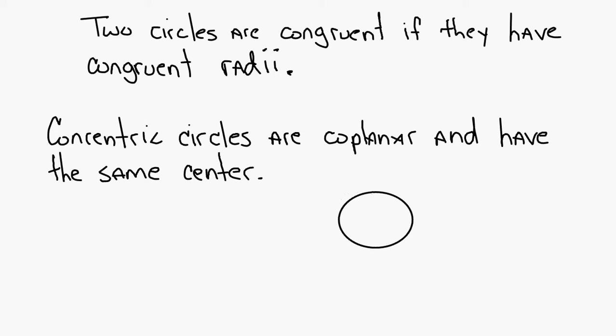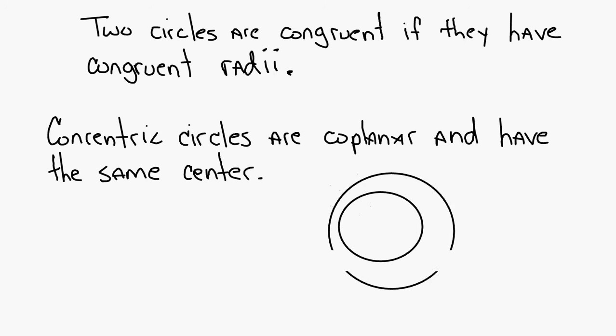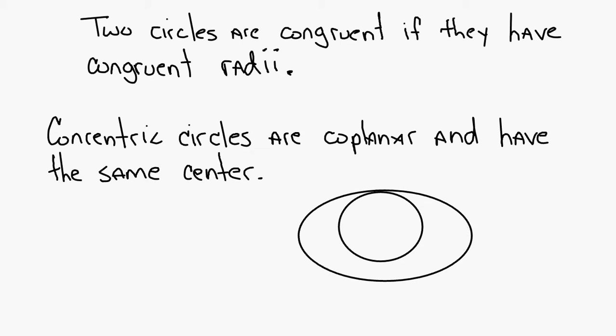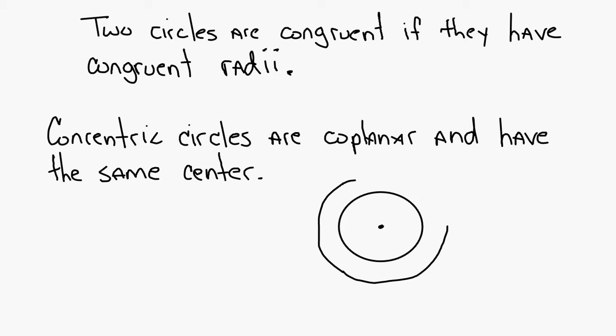So that's just a circle inside of a circle. This is a tough one here. Just pretend that this circle is just a little bit bigger than the first one. There. Those two are concentric. Two circles that have the same center.